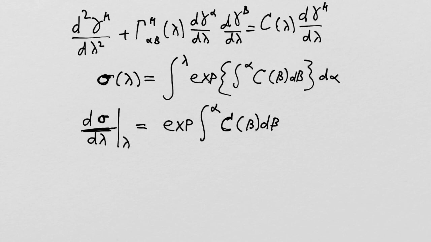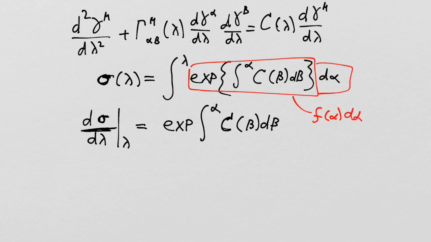And why is that? Well, because of the fundamental theorem of calculus. We have a function on the left and an integral on the right side, integration with respect to alpha, and a function of alpha in the middle. So this is playing the role of f of alpha d alpha.